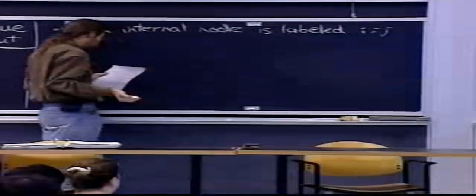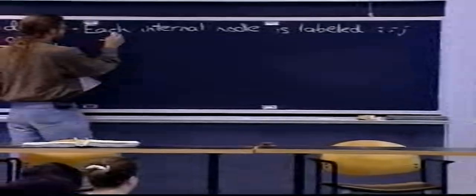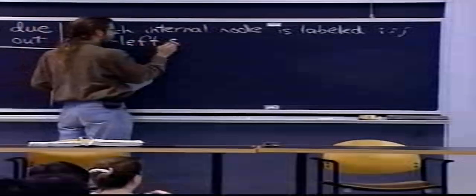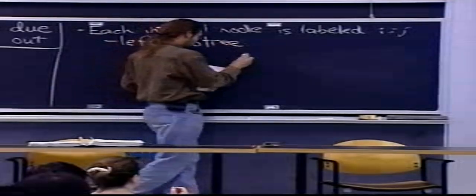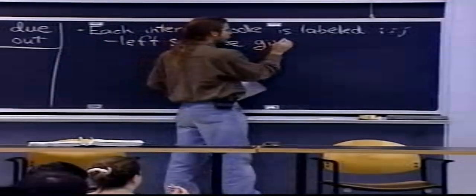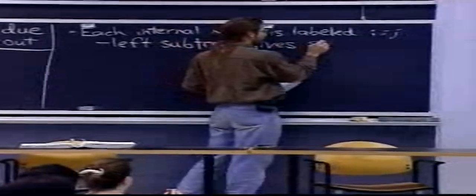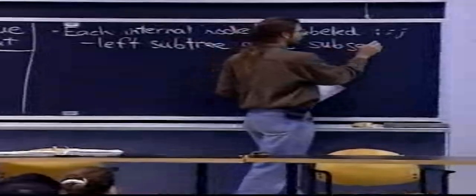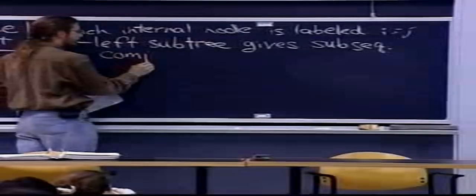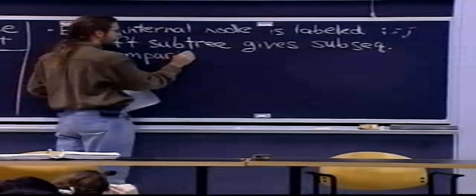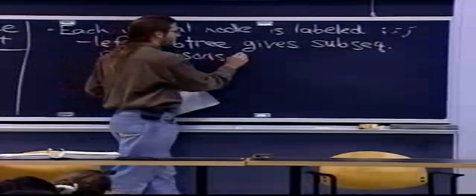And the left subtree of one of these comparison nodes tells you what to do, which comparisons to make, if AI is less than or equal to AJ.